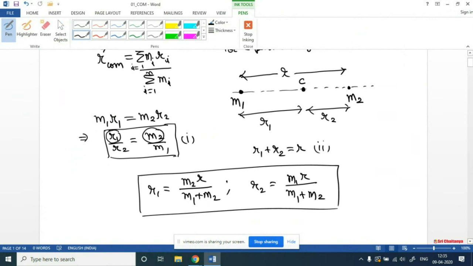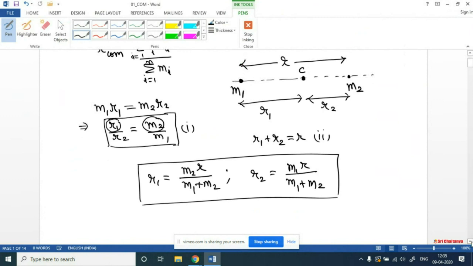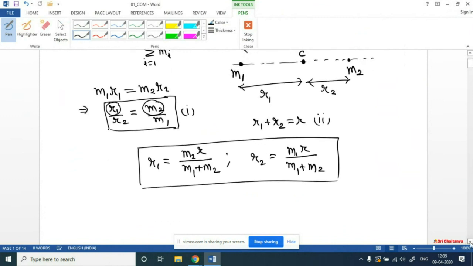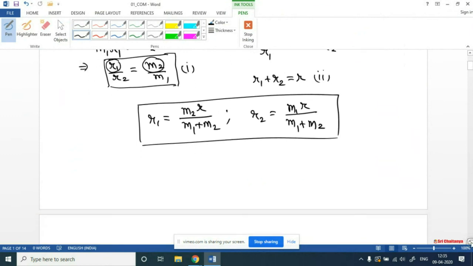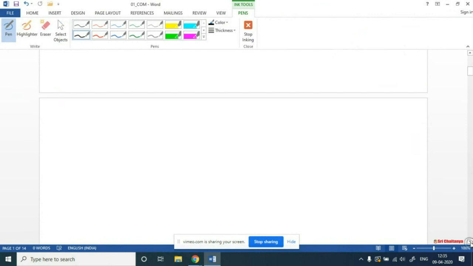So we have defined the position of center of mass of a system of particles, and specifically developed a formula for the two particle system.